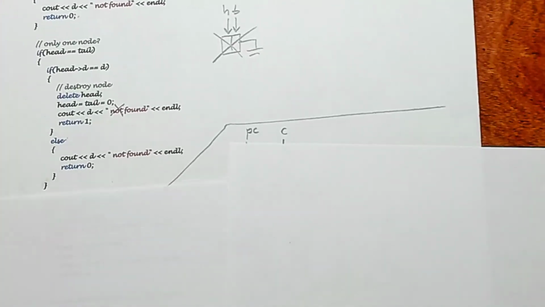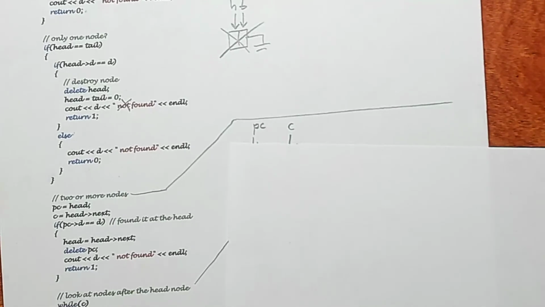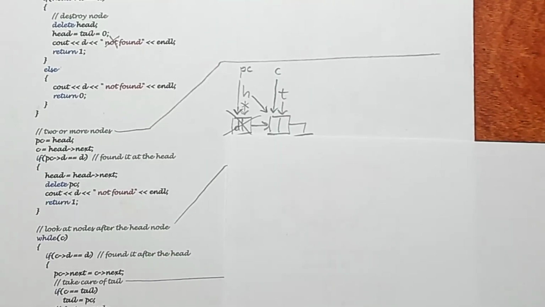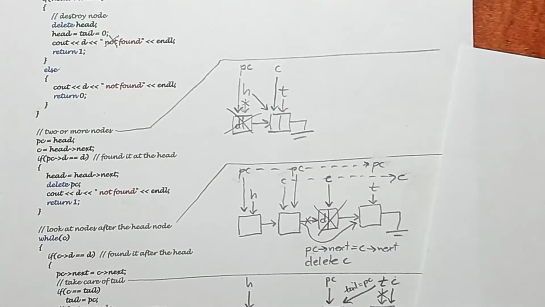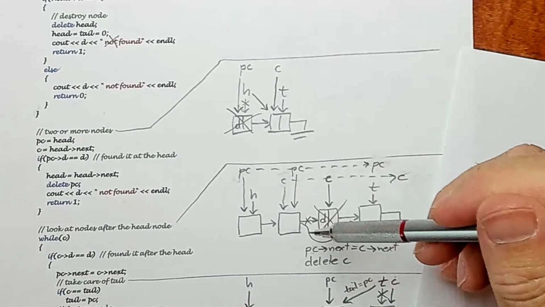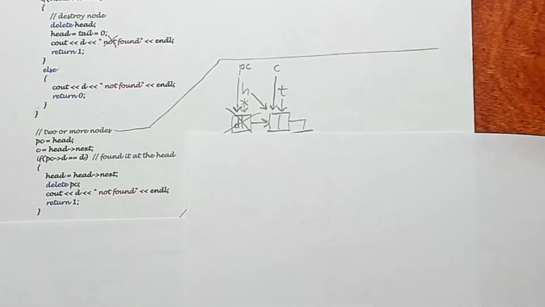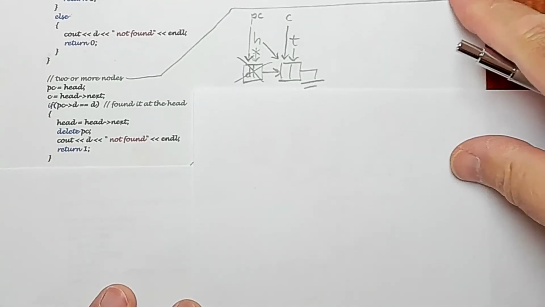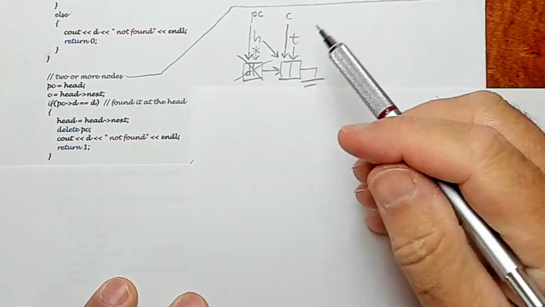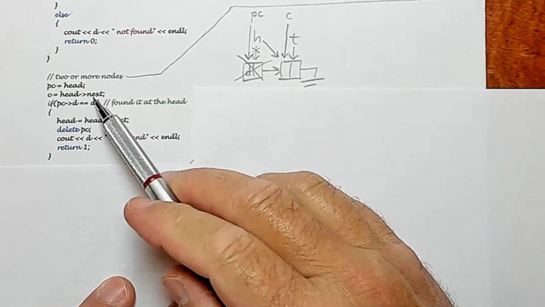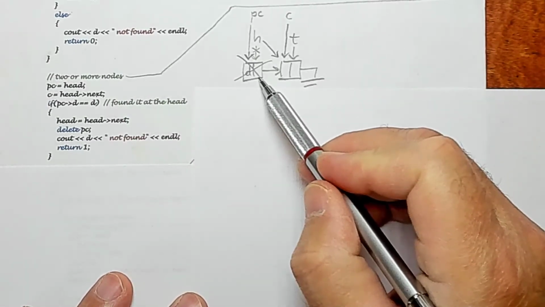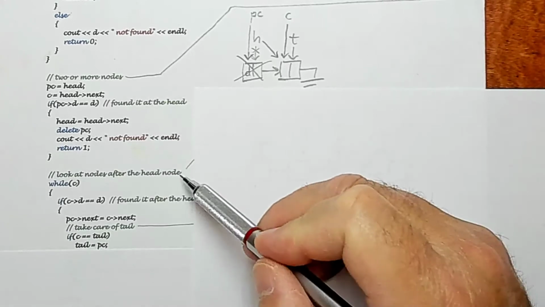Okay, so that's the case for empty and the case for one node. I ended up breaking this up into 2 cases because the details of what you have to do are slightly different. The first case is 2 or more nodes. So if there's 2 or more nodes, then, oh, wait a minute.